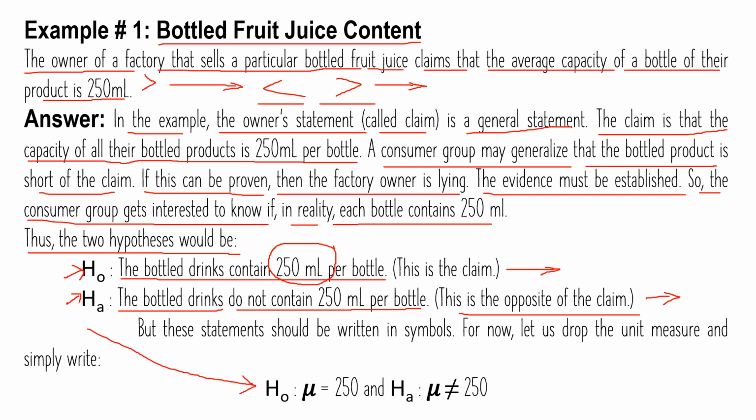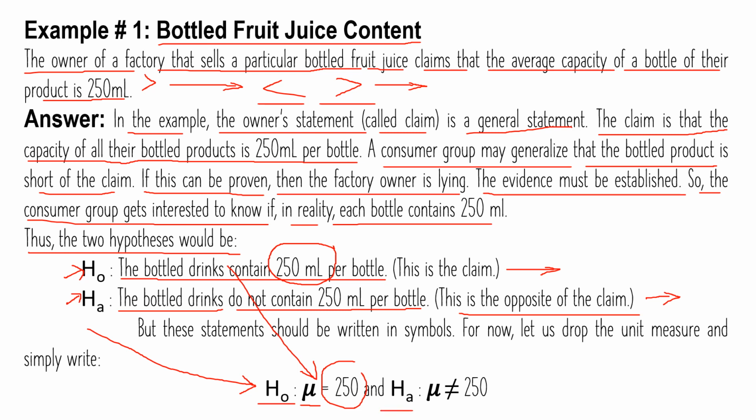Now, we simply use mu for your average. Your H0, your population mean, which is your mean, is equal to 250 because we assume that the drinks contain 250 ml.